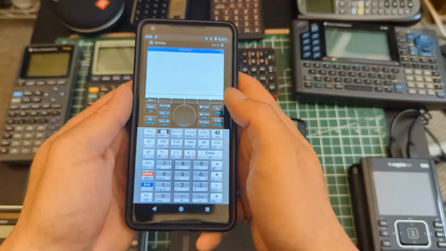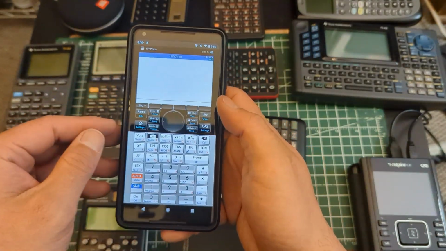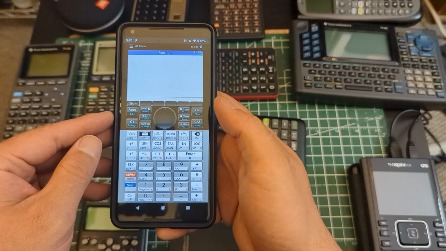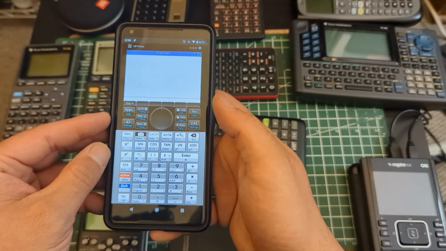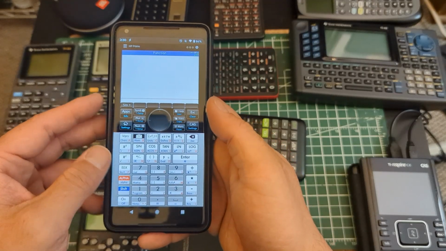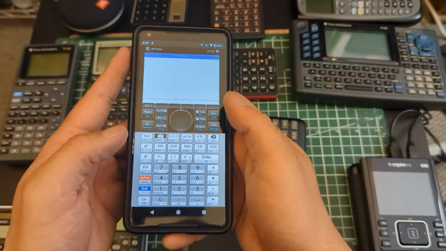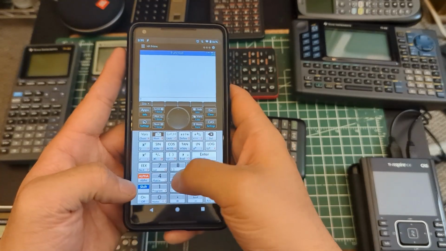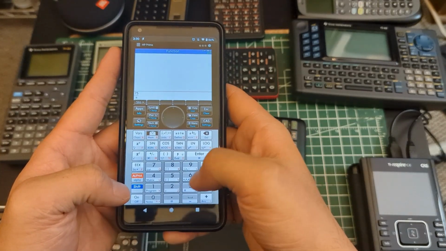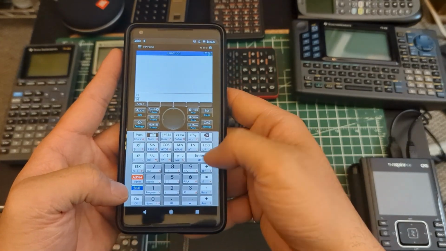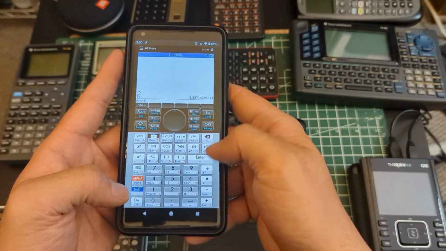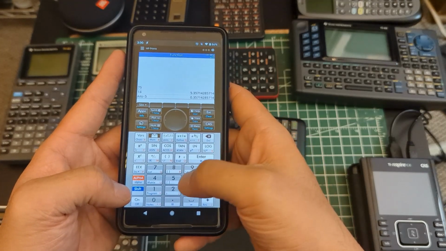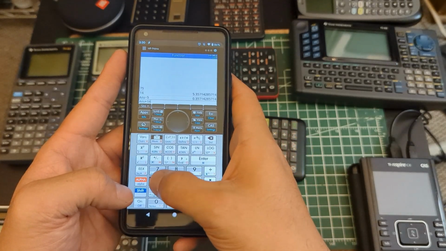Okay, sorry. Of the HP Prime emulator, I just have the light version here. 75 divided by 14 equals, answer minus 5, and then times 14.